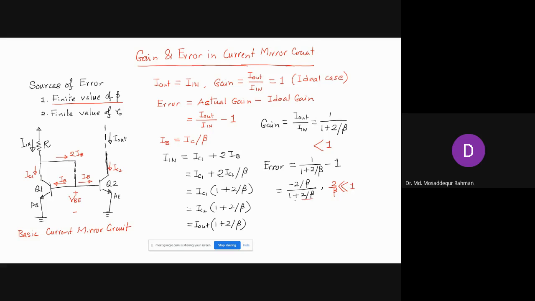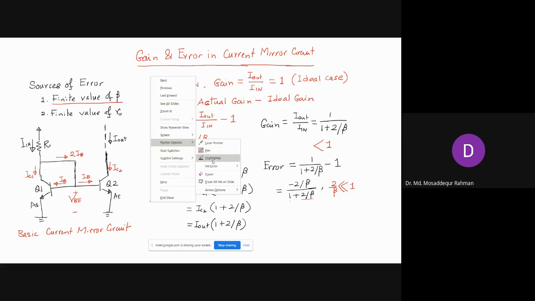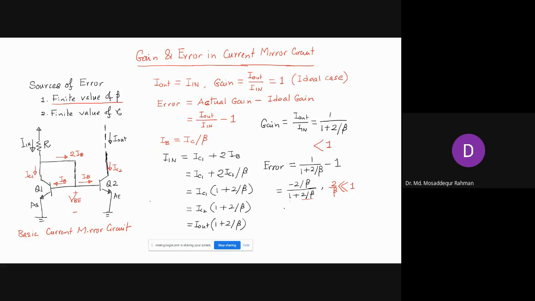So we can approximate this to -2 by beta. Is that clear, guys? Yes, sir. Okay.